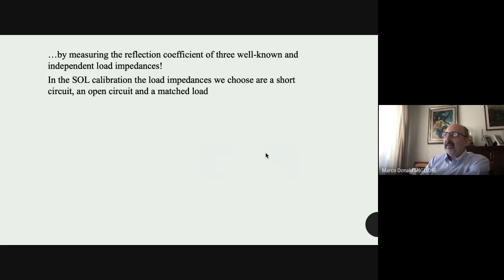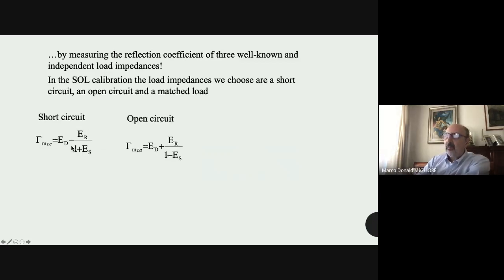And the solution is to measure some known loads. One of the most common methods is to use three loads. One is a short circuit, and in this case, the measured quantity when we use an ideal short circuit is equal to this formula. Then we can use an open circuit, and we have a second equation.